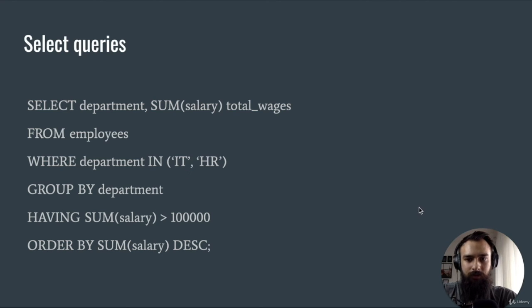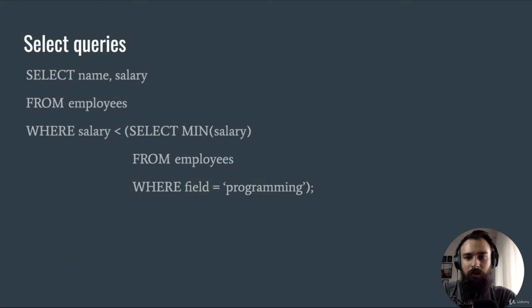one below it. We can also use another select statement as a filtering in a select. In this example, I selected the name and the salary of the employees, and I put a condition that the salary must be less than the minimum salary of the employees working in the programming field.